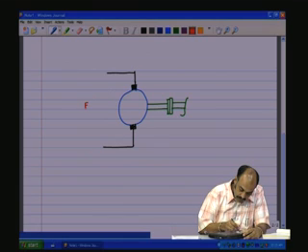Now, EB, the back EMF, which is induced here, is K phi omega.